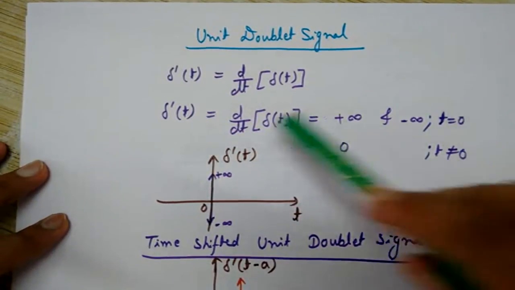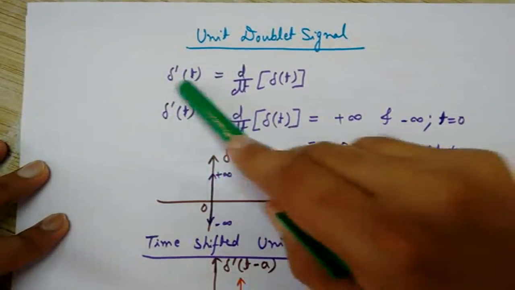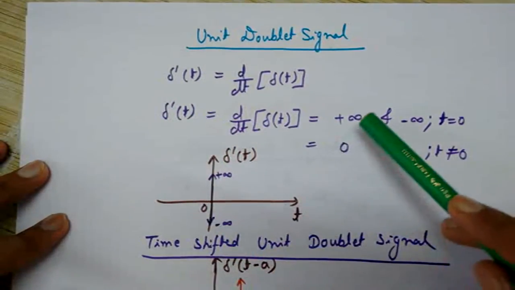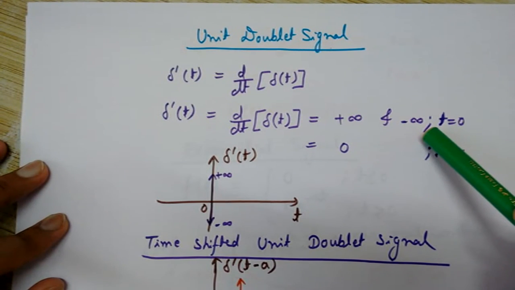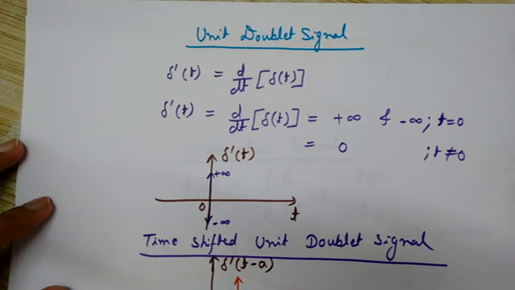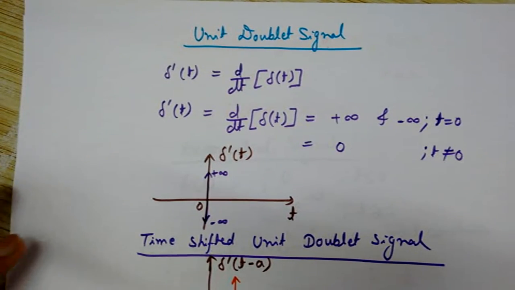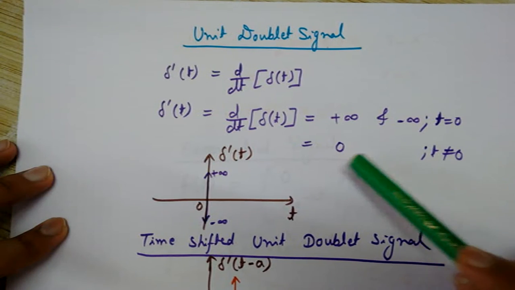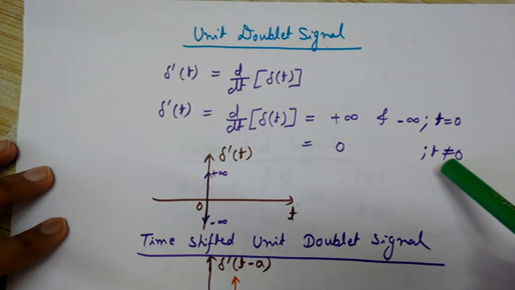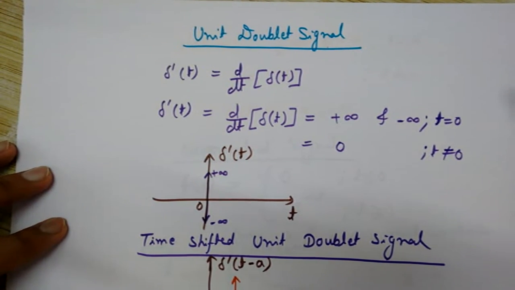So this unit doublet signal is equal to plus infinity and minus infinity at t equals 0, and its value is 0 when t is not equal to 0.